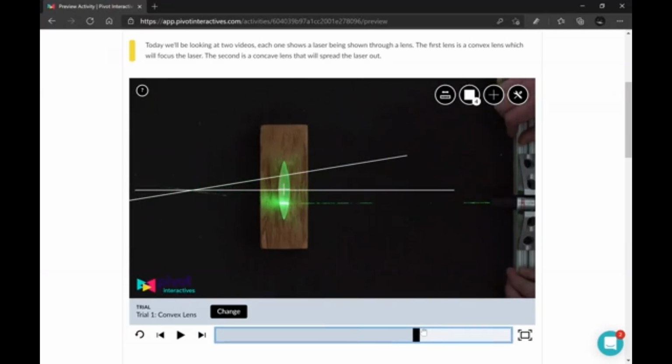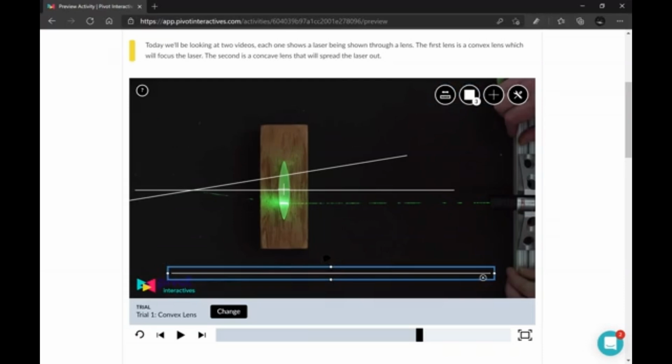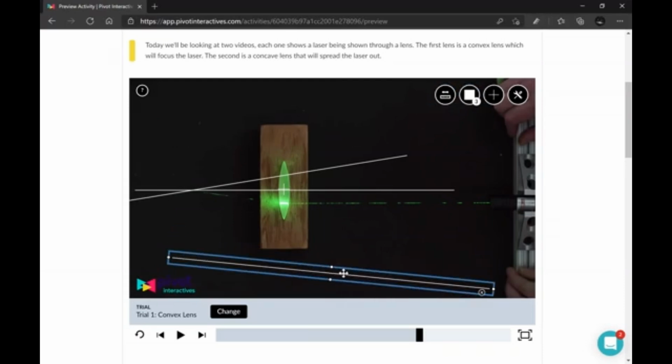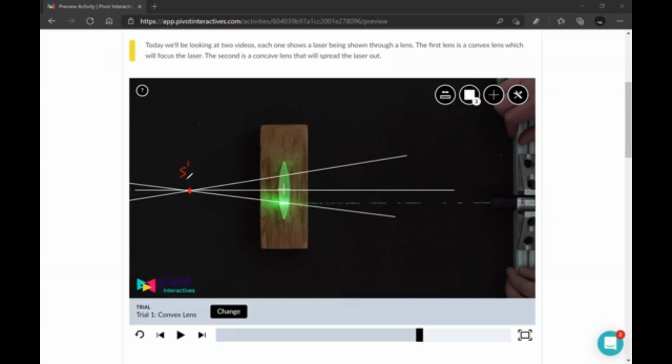You need about 5 lines, 1 in the middle, 2 above, 2 below. I'm not going to do all 5. I'll just show you a few. So if I do this one, here's the outgoing light, and you can see what happens here: they all converge at that point. That's where your image is.